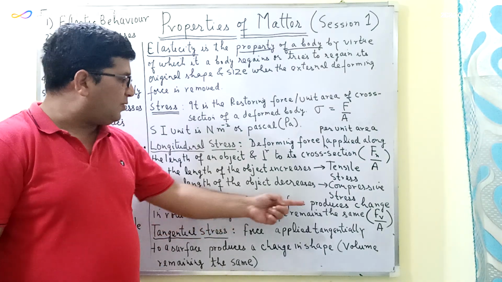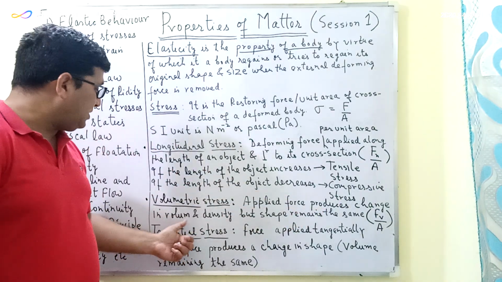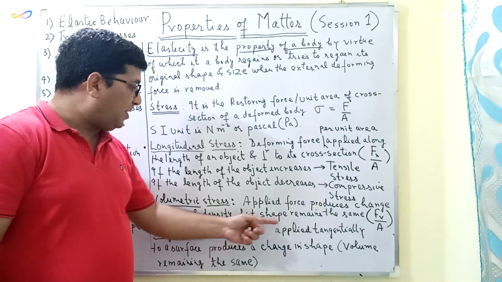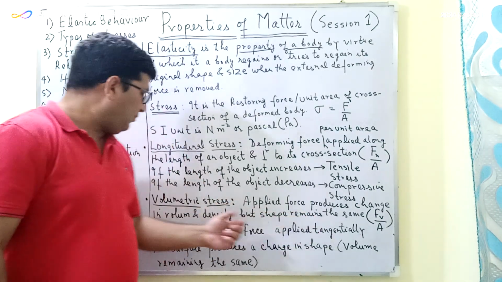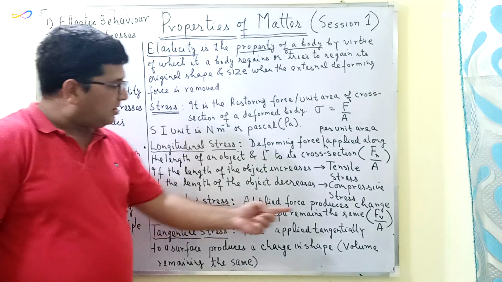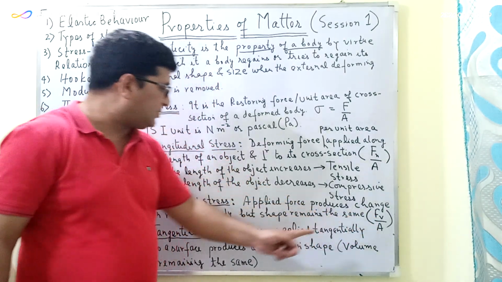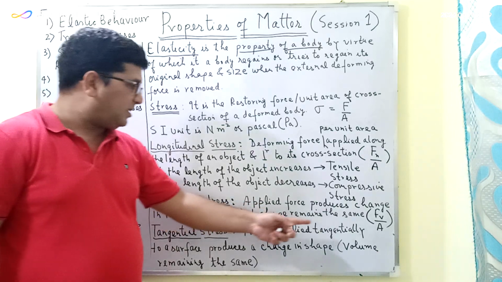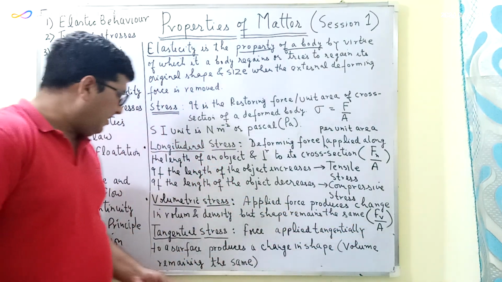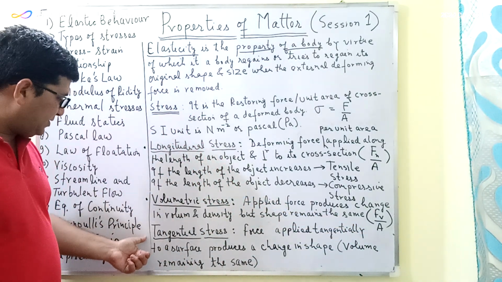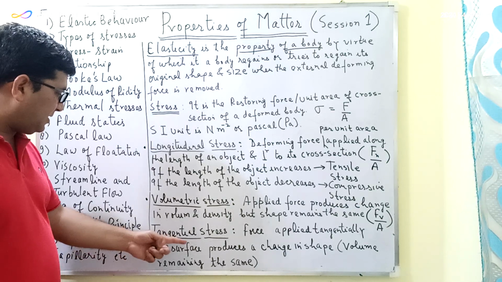The second important point is the volumetric stress. If the applied force produces a change in the volume and density, but the shape doesn't change, then we call it a volumetric stress. Here also the formula is Fv upon A, where Fv is the applied force and A is the cross sectional area. Now comes the last one, the shearing or tangential stress.